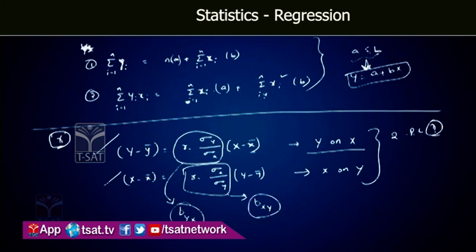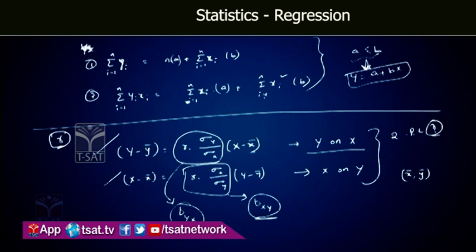This is the regression coefficient of the line y on x, and this is the regression coefficient of the line x on y. Now, when you observe these two lines, y on x and x on y, these two lines will meet at (x bar, y bar), that is, the mean of x and the mean of y. They will meet at that point.